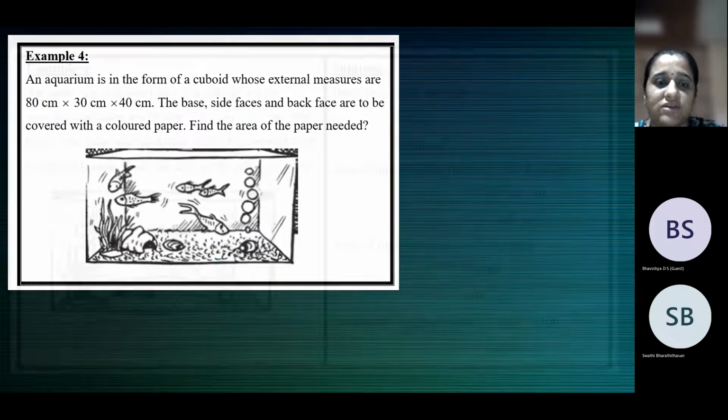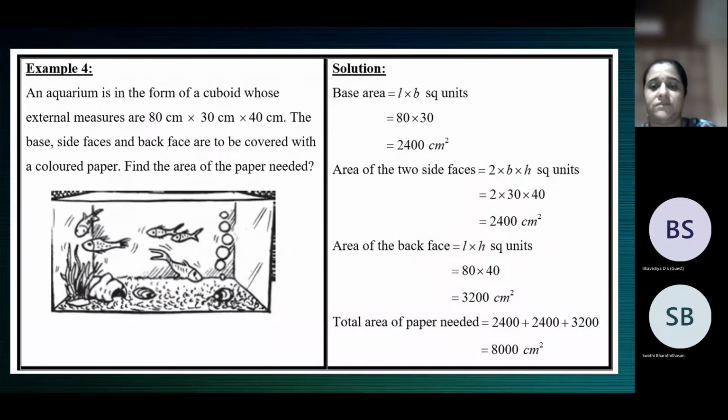Yes, children, that's what you see here. Please write down the question.